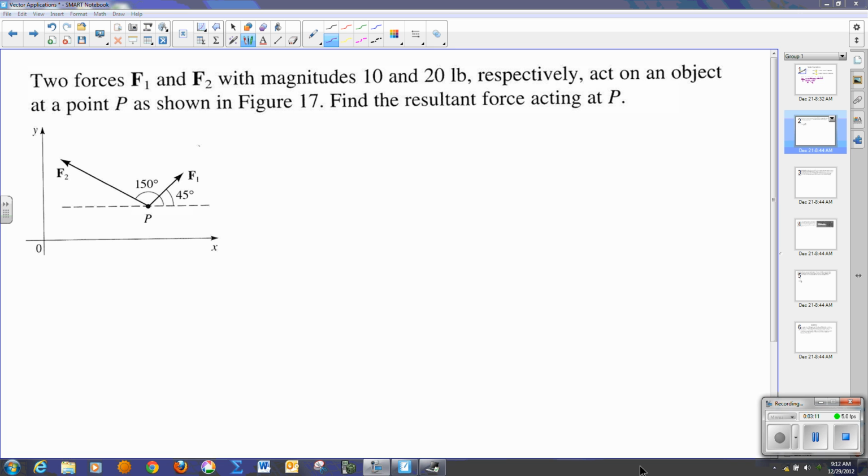Our first example says that we have two forces with magnitudes given as 10 and 20, and they act on a singular point. And they want us to know what's the resultant force acting on that point. So basically all they're asking us to do is calculate the resultant, or the sum of force 1 plus force 2.